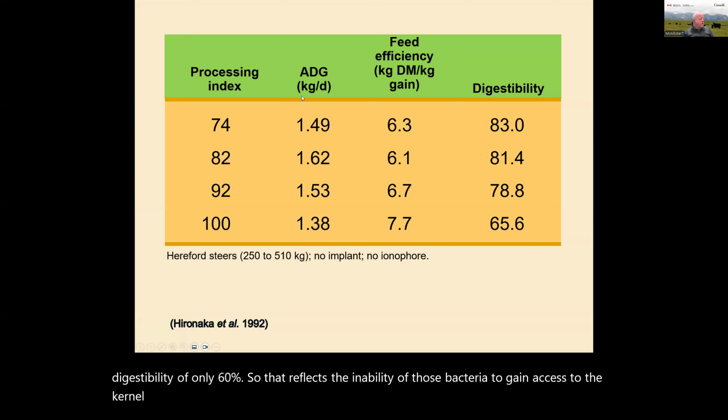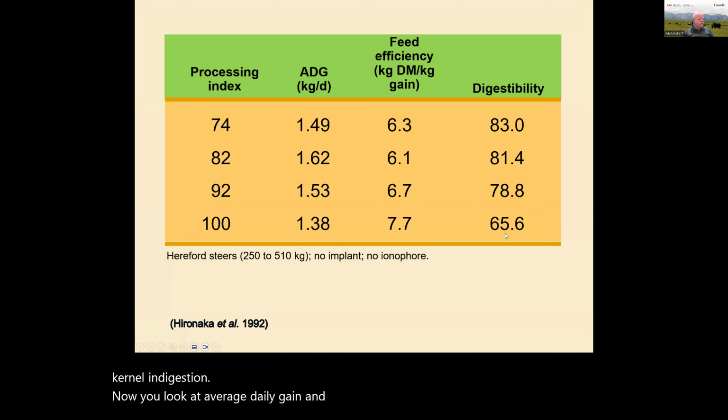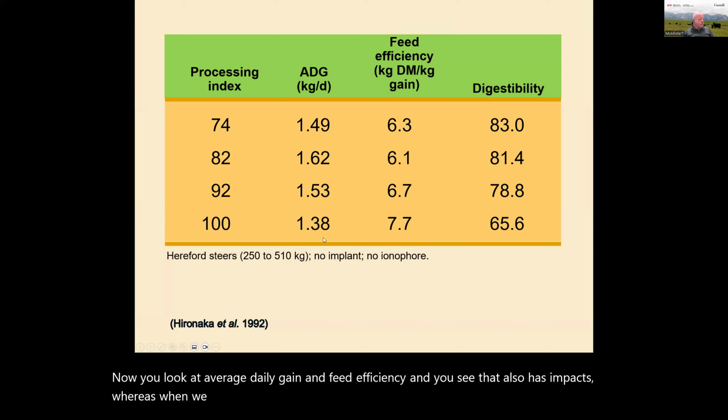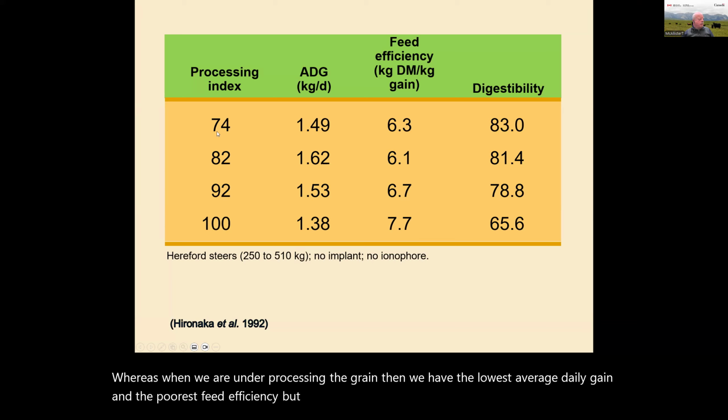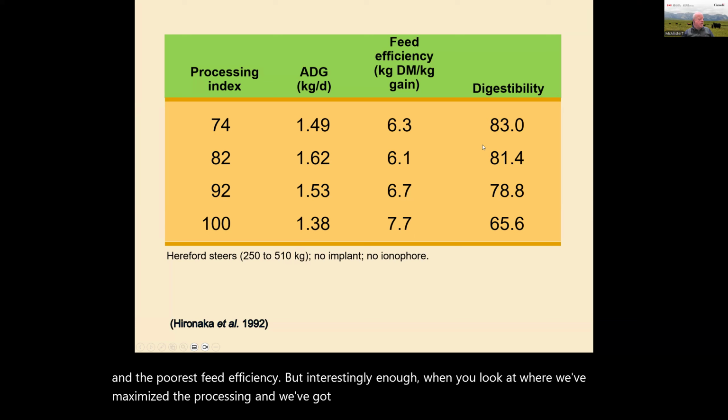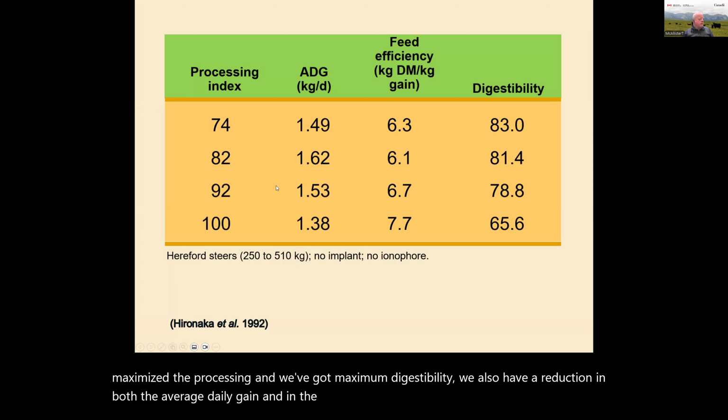Now you look at average daily gain and feed efficiency, and you see that also has impacts. When we are under processing the grain, then we have the lowest average daily gain and the poorest feed efficiency. But interestingly enough, when you look at where we've maximized the processing and we've got maximum digestibility, we also have a reduction in both the average daily gain and the feed efficiency compared to when it was processed to an index of 82%.